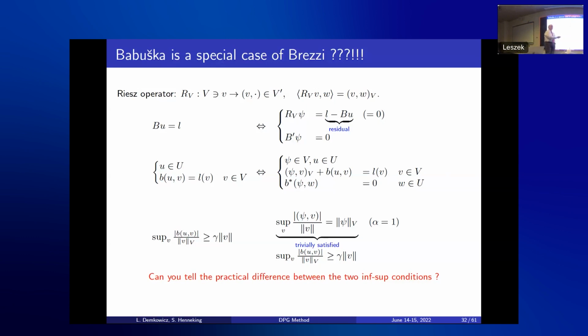And if you look now at Brezzi conditions, the inf-sup kernel is trivially satisfied because this is an inner product, so the inf-sup kernel constant is actually equal 1. And the Babuška-Brezzi or LBB condition seems to be exactly the same as the original inf-sup condition for the bilinear form. So when you look at it, the first time, and say, so what the heck have we gained?